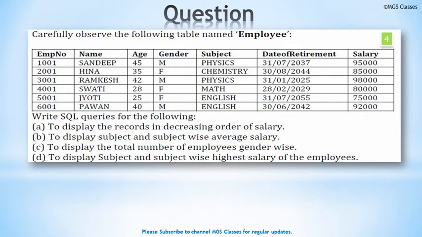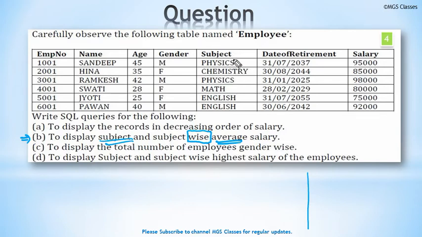Now we will discuss the second question, part B: display the subject and the subject wise average salary. Remember, the word wise is used, which means he wants the average salary for each subject.